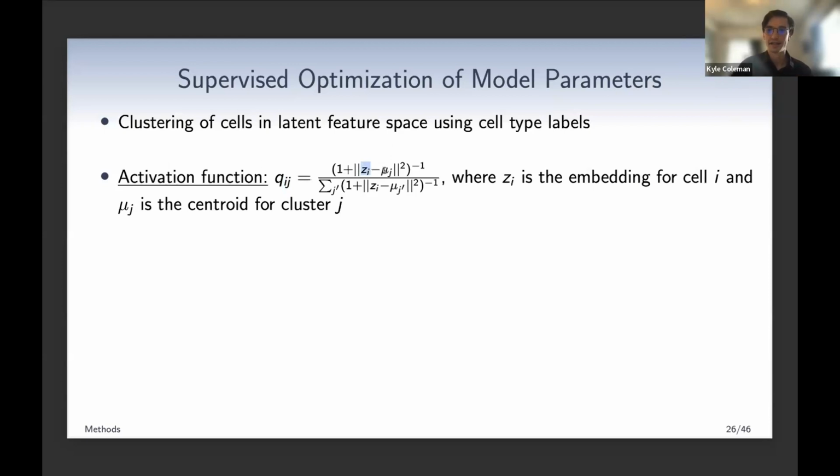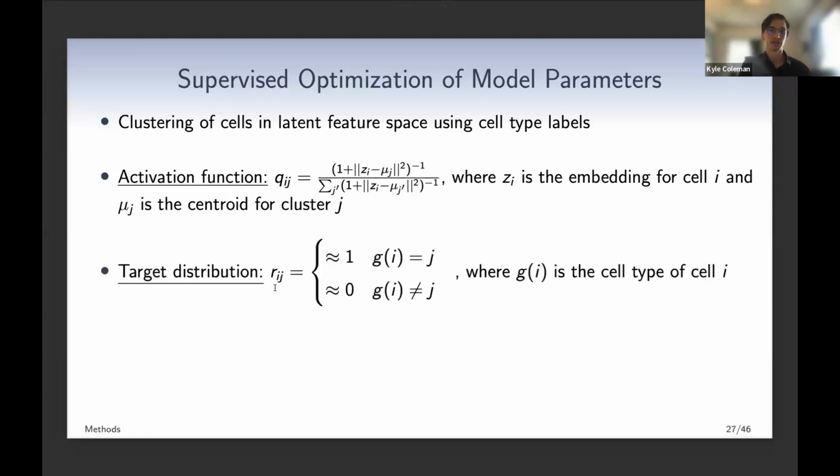Here Zi is the embedding for cell i, and mu j is the centroid for cluster j. Each cluster centroid in this network represents a cell type present in our scRNA-seq data set, and the cluster centroids are initialized using the means of the cell type embeddings for each cell type. This is based on Euclidean distance between the embedding for cell i and the centroid for the cluster representing cell type j. So again, Qij is just a similarity metric representing the similarity between cell i and type j.